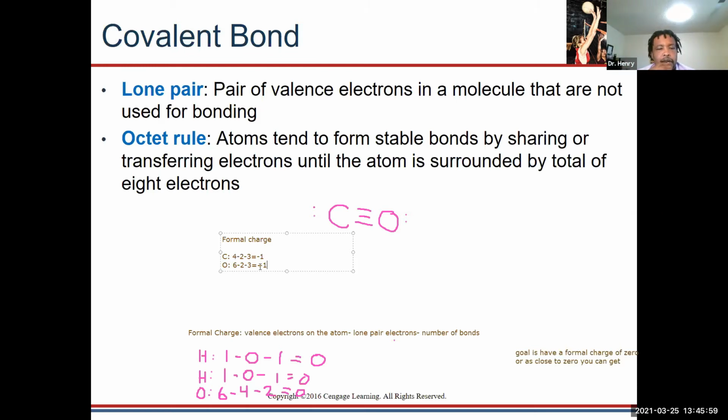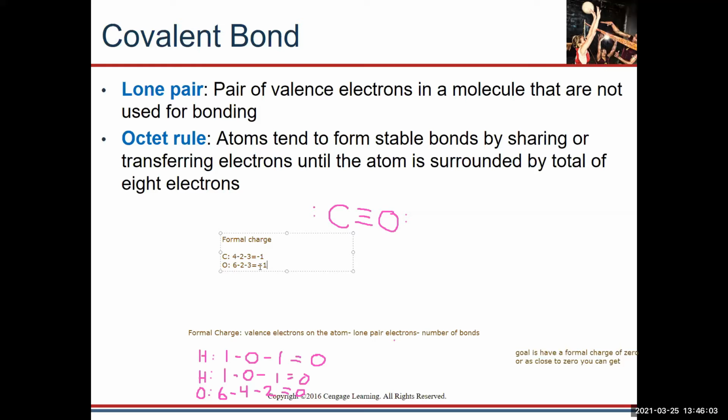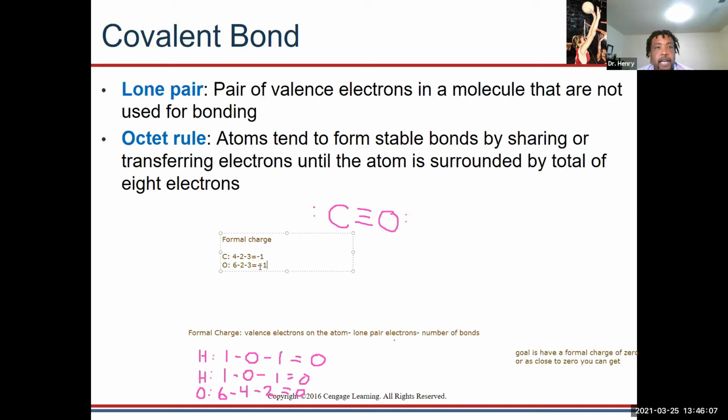We know that carbon monoxide is a poison. One of the reasons why it's so poisonous is because it's still kind of reactive. It likes to react because it doesn't have a lot of stability. The fact that this isn't really close to 0 helps us understand that it's not as stable as it would like to be. So it's still going to try to react to get some more stability associated with it.